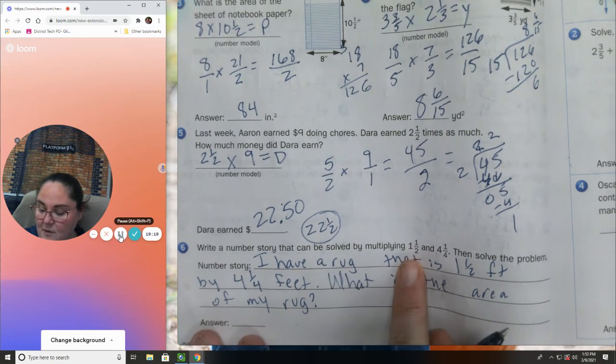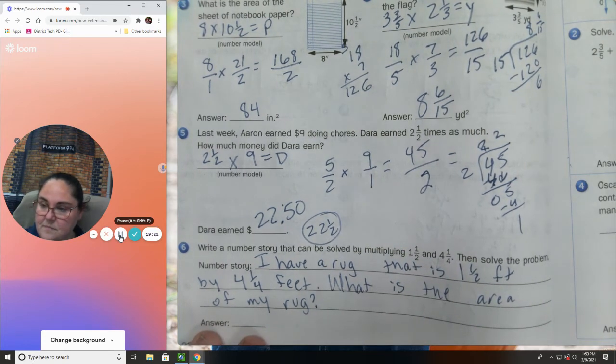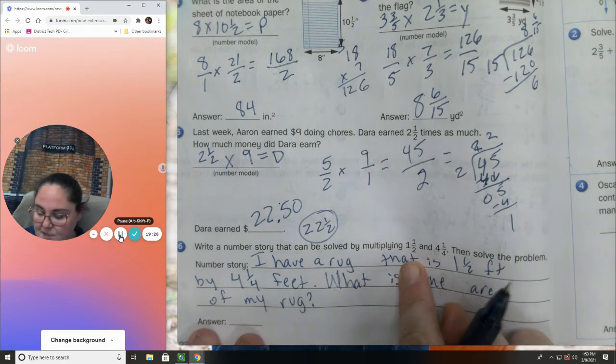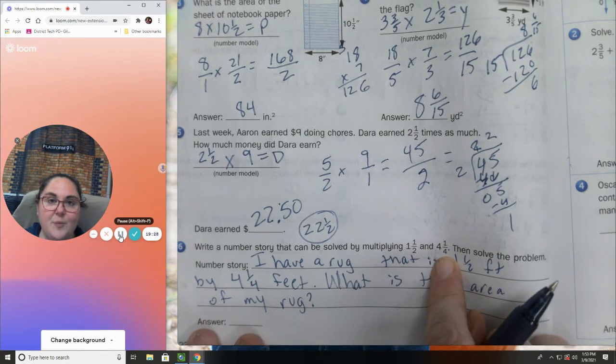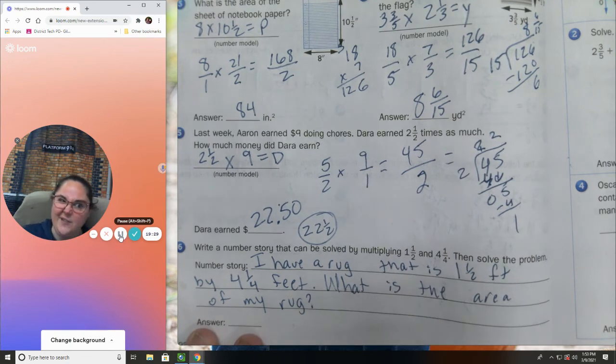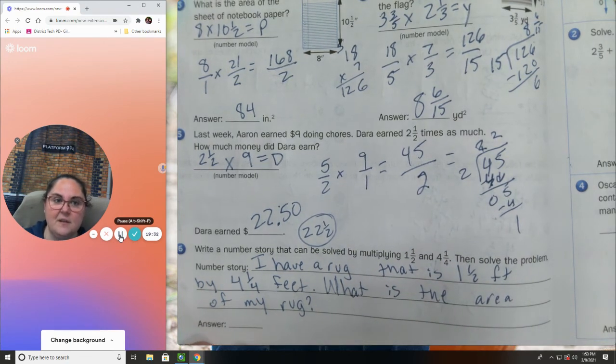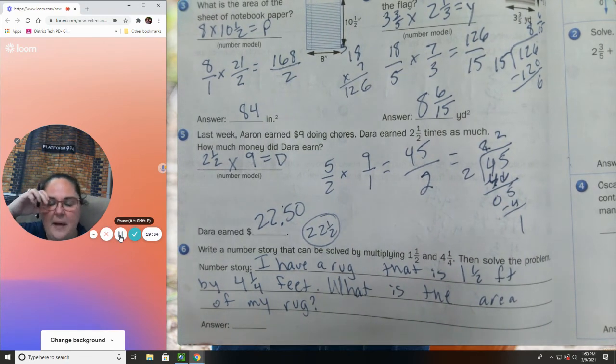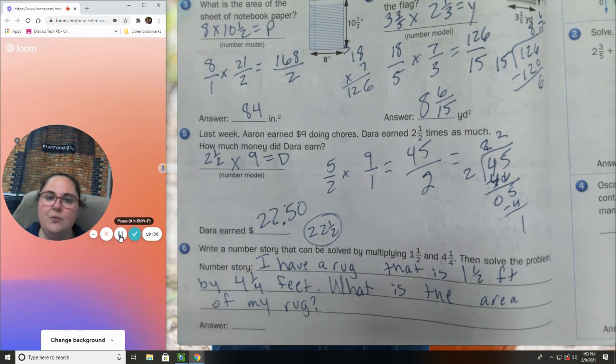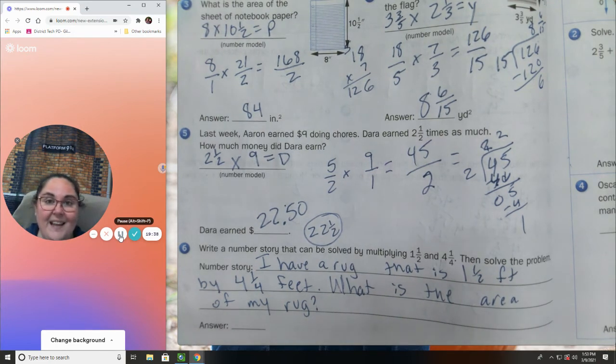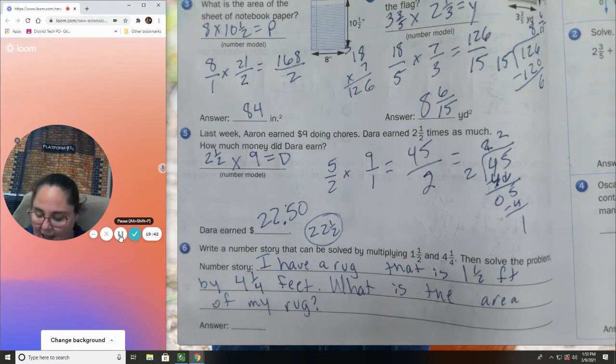Maybe you're talking about you worked 1.5 hours and you got $4 1/4 per hour. You could kind of use it that way-ish. Okay. My suggestion, especially when you're multiplying, use an area problem. It is super easy. Okay. All right, I want you to do the math.